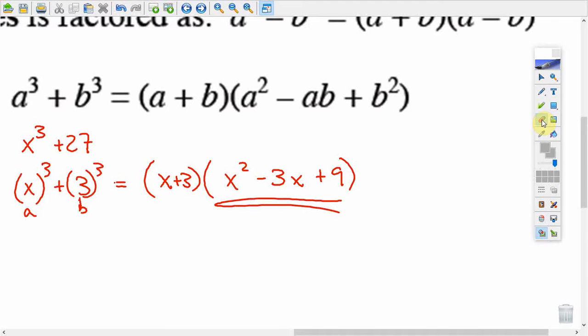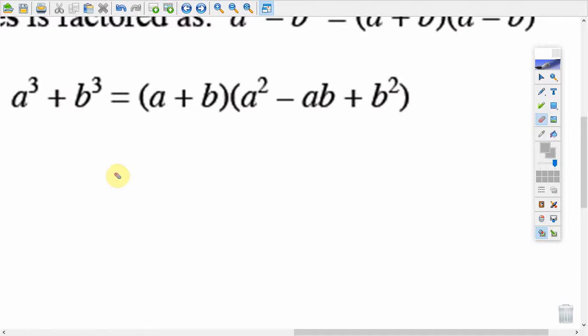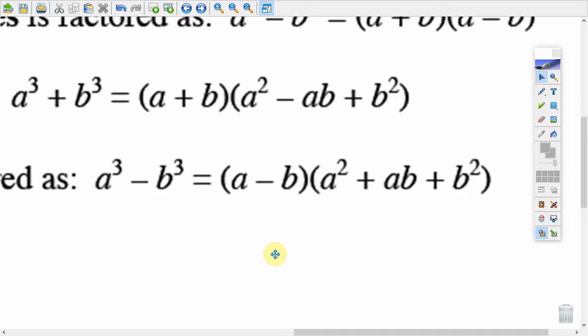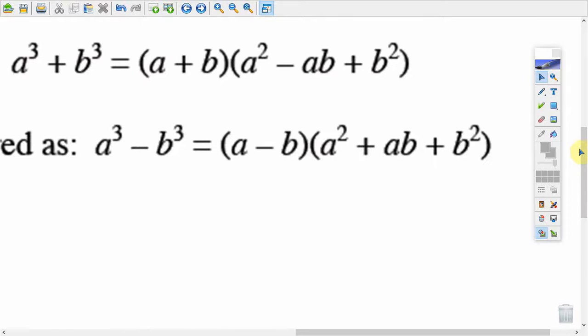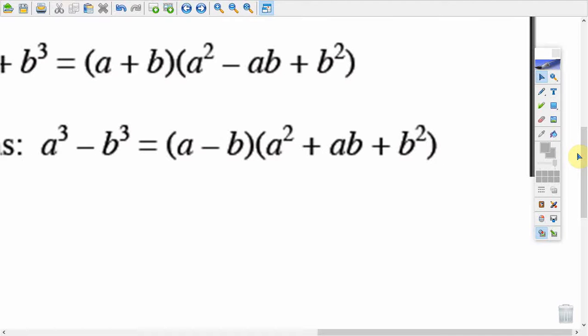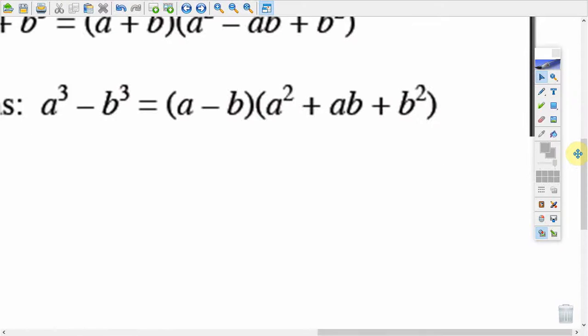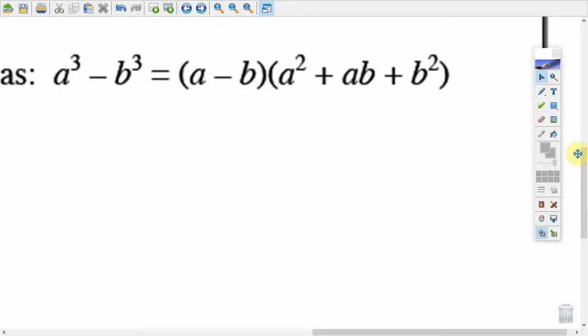Let's look at another one, with difference of cubes. Very similar to sum of cubes, just some sign changes from the other formula.